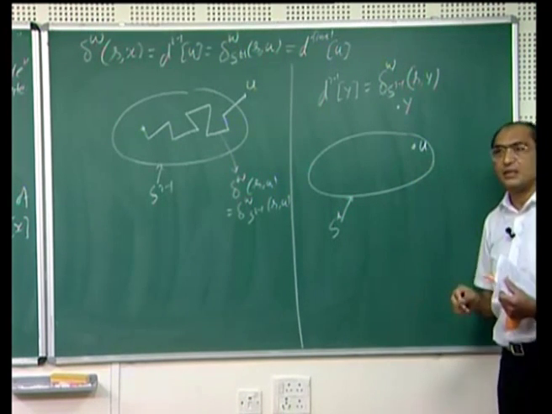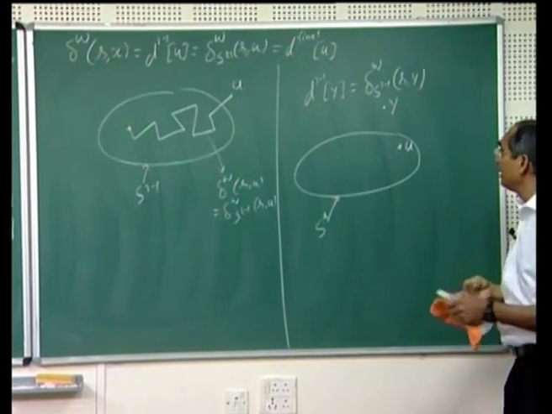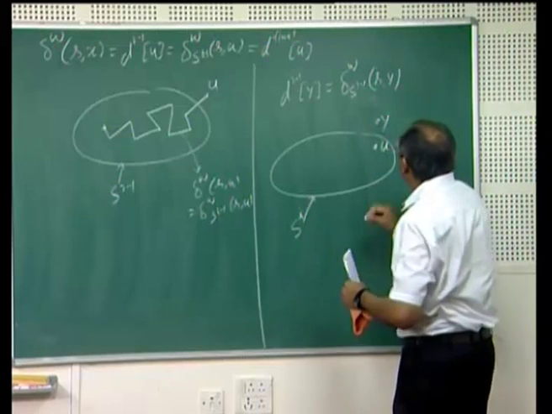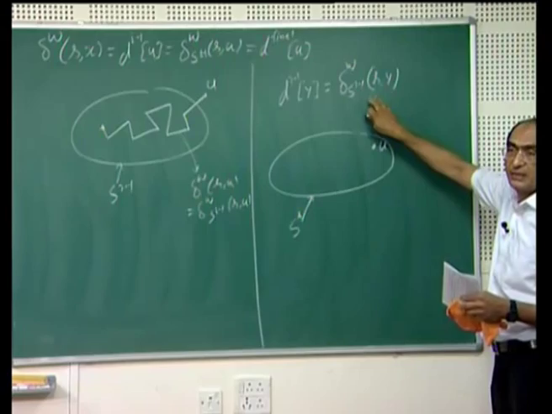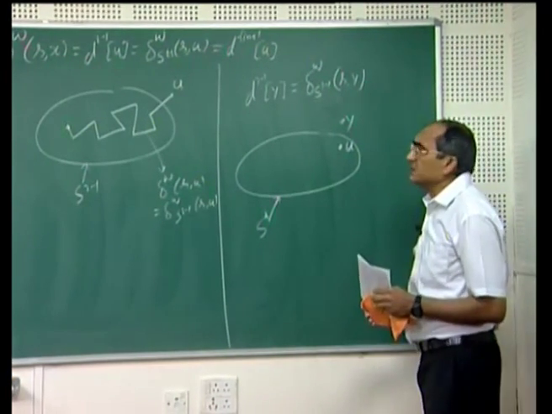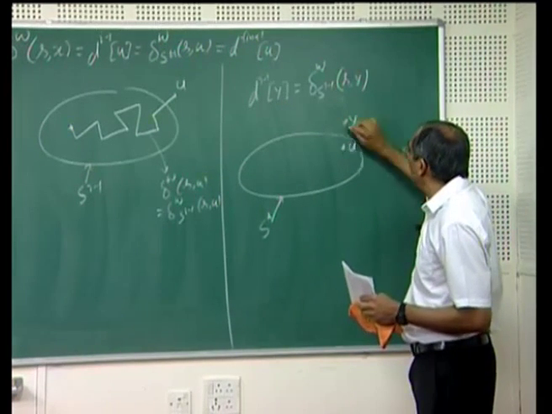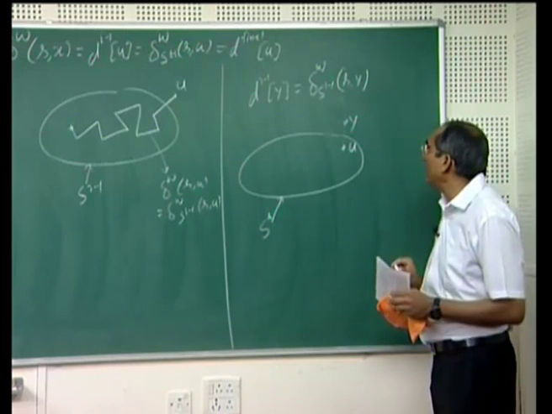This is from the induction hypothesis. This is what happened after i minus 1 iterations. Let me just put y here, and I want to show the same thing at the end of the ith iteration. Well, what happens when y is a vertex which is not adjacent to u?